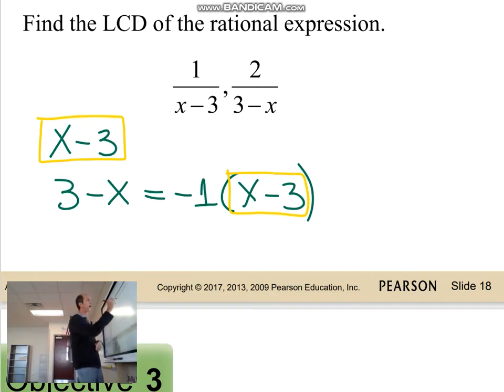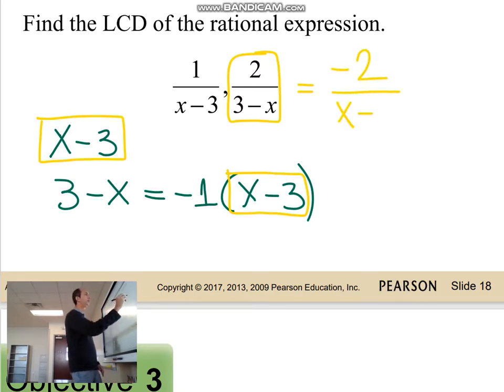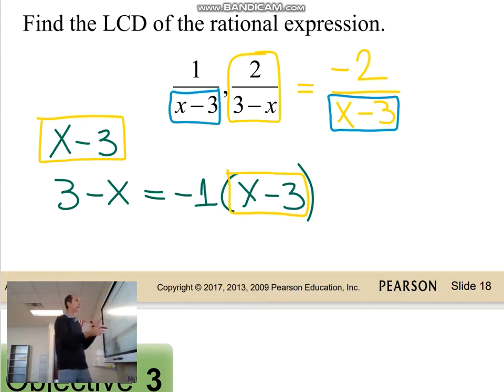You can rewrite this rational expression as -2 over x minus 3. Then they will have the same denominator, and you can add or subtract using the rule for rational expressions with the same or common denominator.